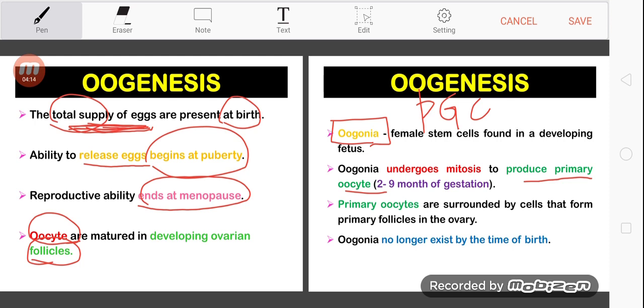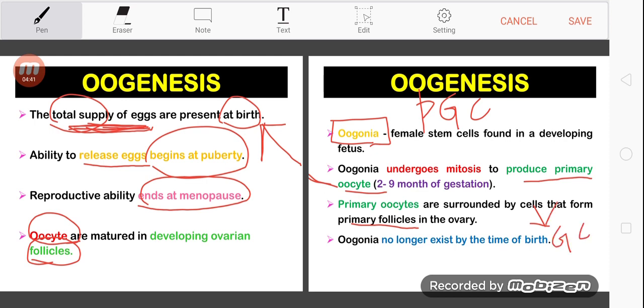That's why at birth we have a finite number of eggs at the level of primary oocytes. And these primary oocytes are surrounded by cells that form primary follicles. Those cells are follicle cells, or granulosa cells.